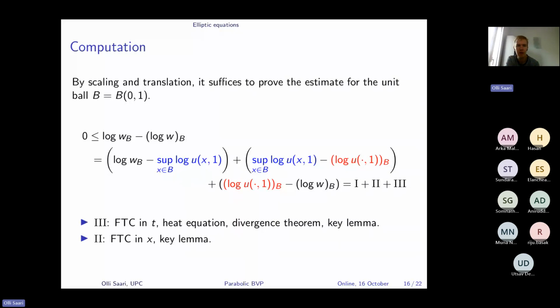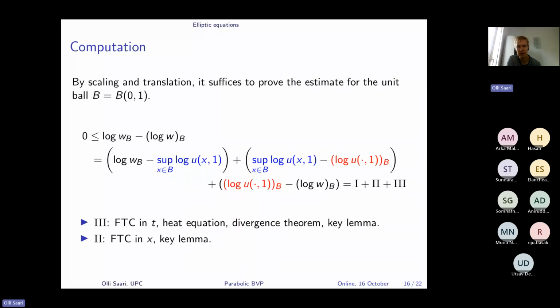So we can do fundamental theorem of calculus in T. And then we can use that when U solves the heat equation, the logarithm solves the heat equation with right-hand side constant times mod grad U squared. Okay, and now this right-hand side is exactly the quantity we would like to see. And that's why we can keep it.